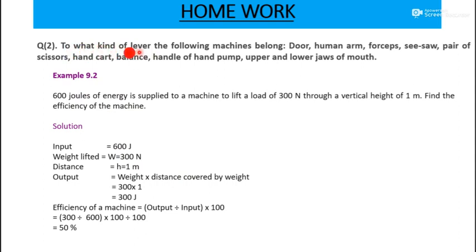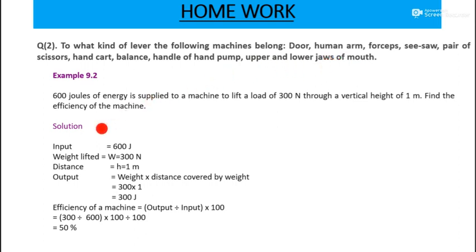Write the names of the lever and what kind of machine it is. For example: door, human arm, fire tongs, seesaw, pair of scissors, hand crank, cart, balance, handle, hand palm, and upper and lower jaw of mouth. Write which kind of lever each one is.